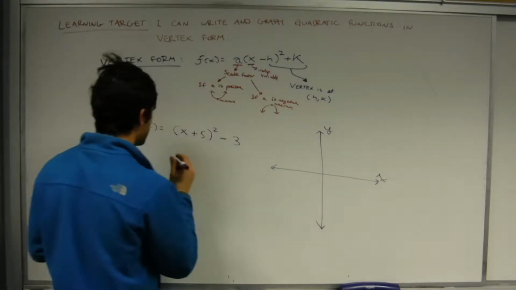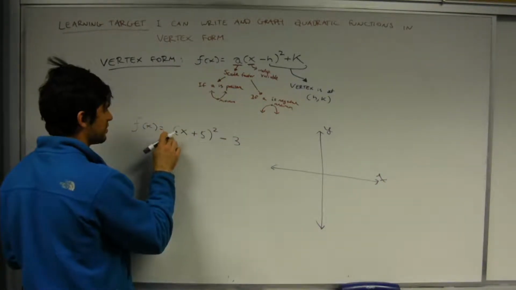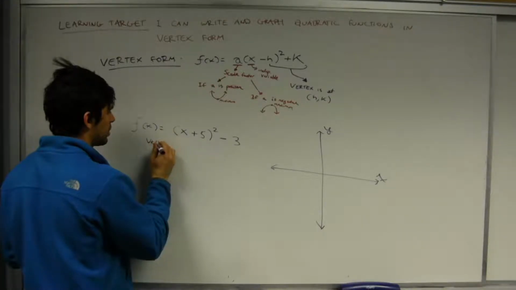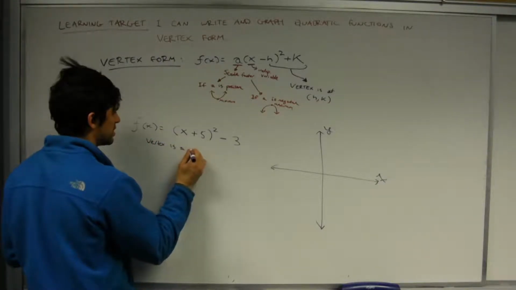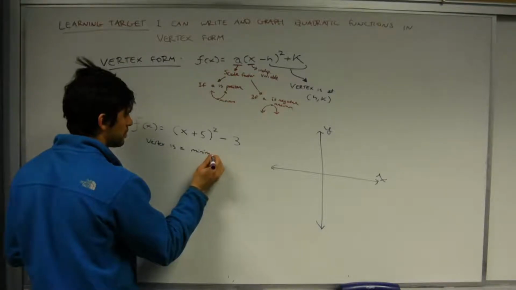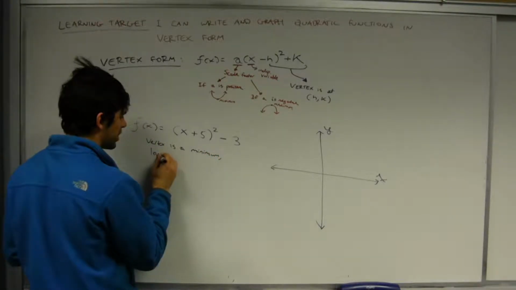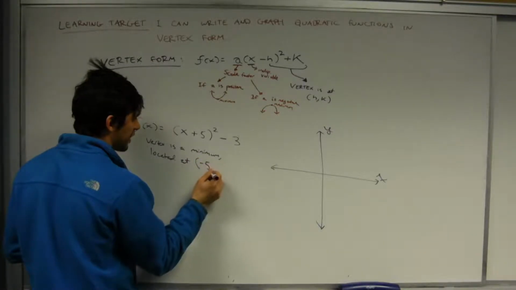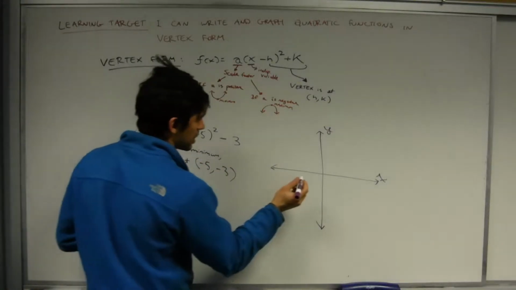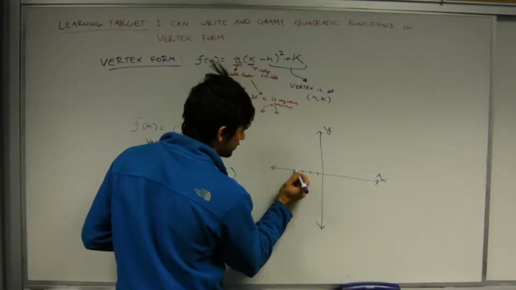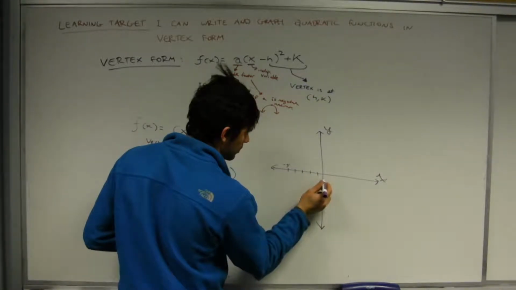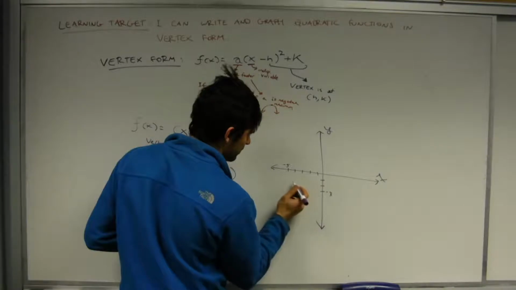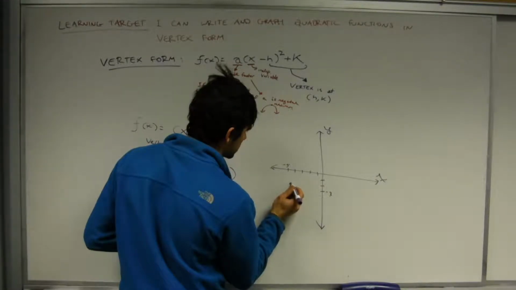Since a is equal to 1, our vertex is a minimum, and it will be located at the point (-5, -3). So I'm going to go left 5 and down 3, and that's where our vertex is going to be.